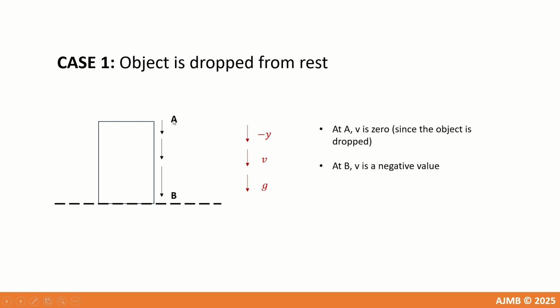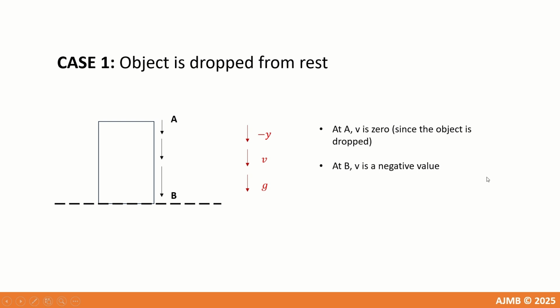So the object would have to travel from point A to point B, which is equal to the height of the building. So the drop happened at the very edge of the top of the building, and point B is the ground. So again, the object would be increasing in speed as it is going down.